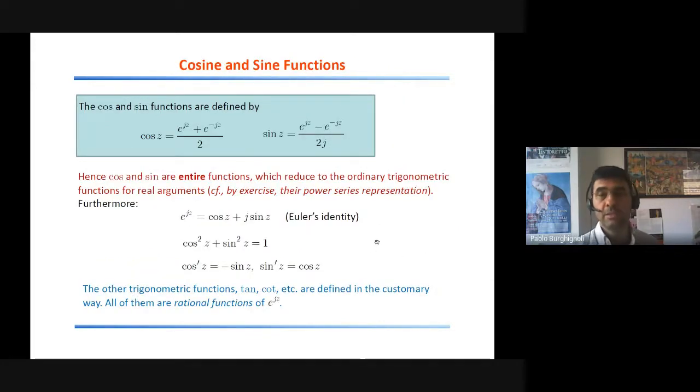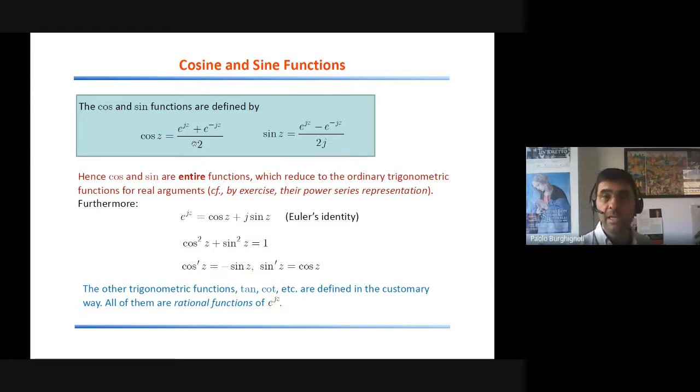Having defined the exponential, we can define the cosine and sine functions in terms of the exponential. This is a link which is not apparent at all in the real domain, whereas it is very clear in the complex domain, the link between the trigonometric functions and the exponential functions.